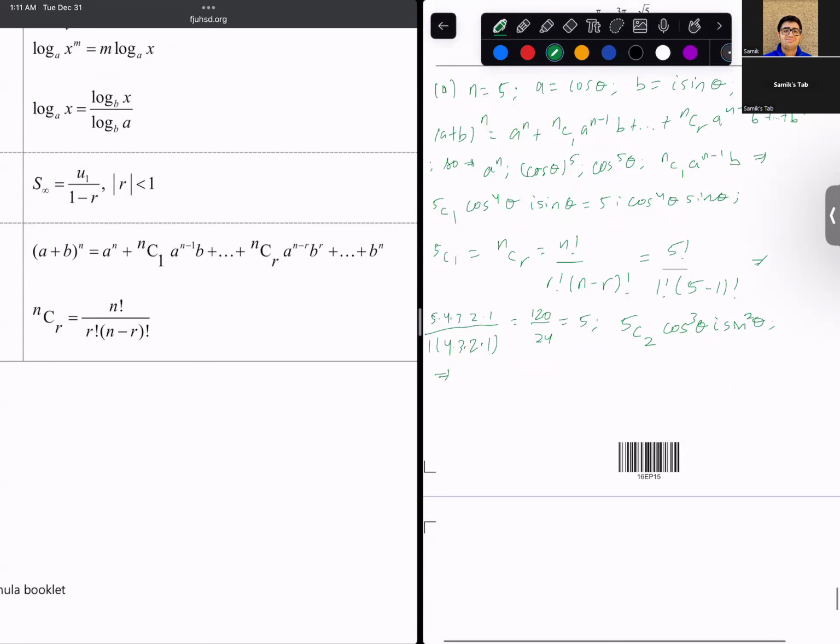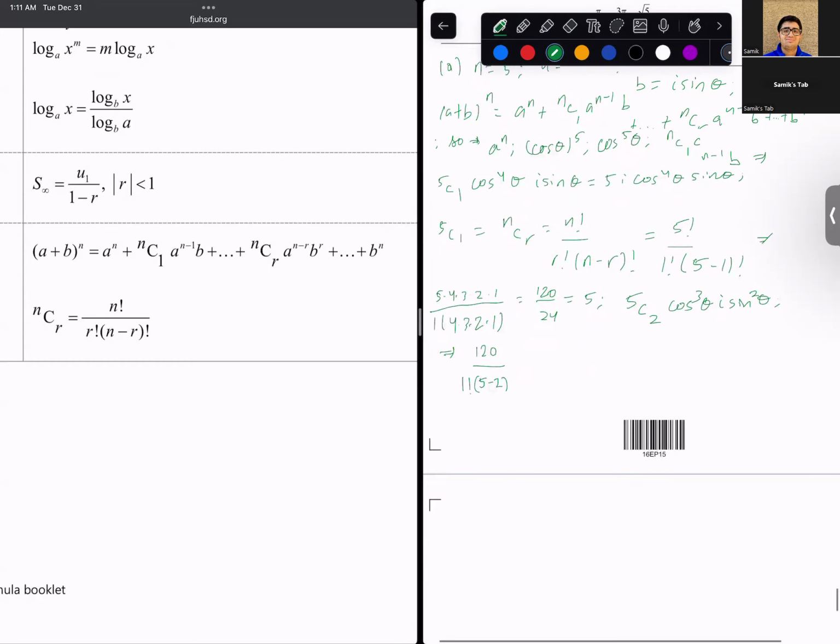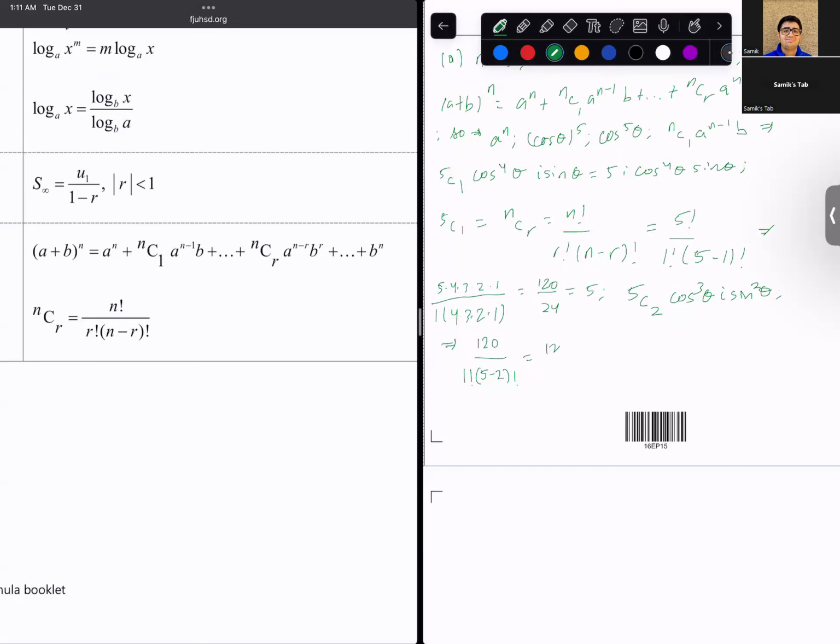So 5C2 is simply going to be 5 factorial on the top, so we have 120 divided by, this time, 2 factorial times (5 minus 2) factorial, which is 3 factorial.